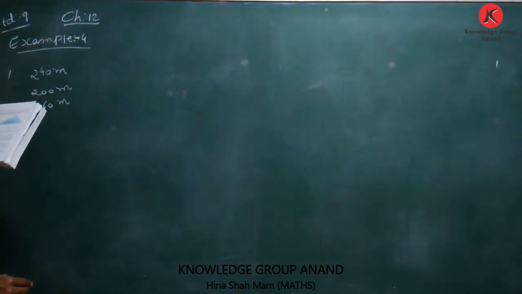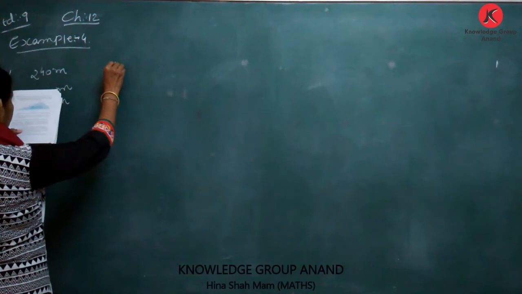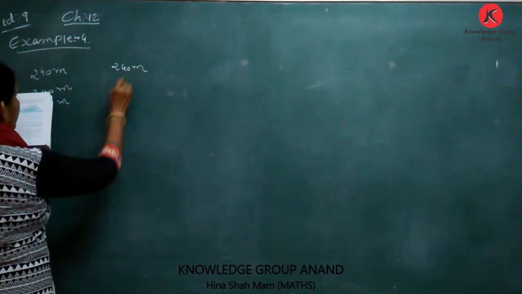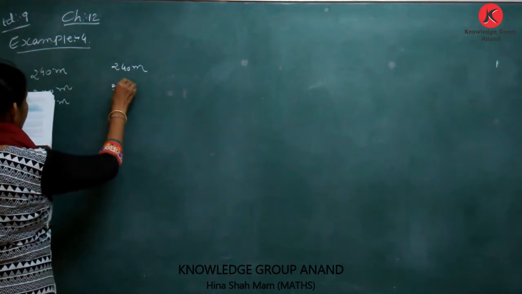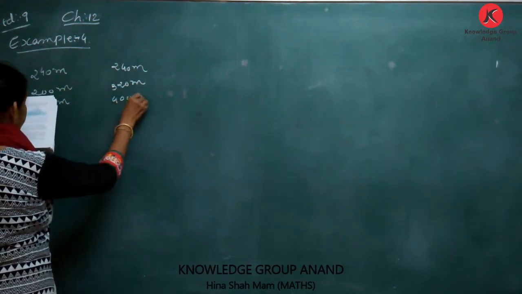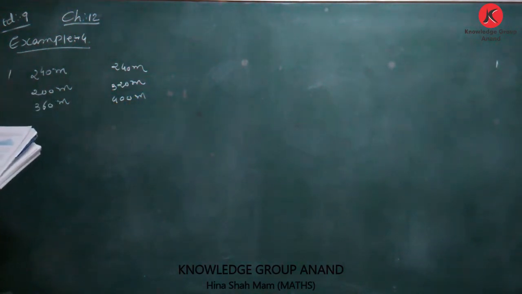In another triangular field adjacent to the previous field, with sides 240 meter, 320 meter and 400 meter, she wanted to grow potatoes and onion.